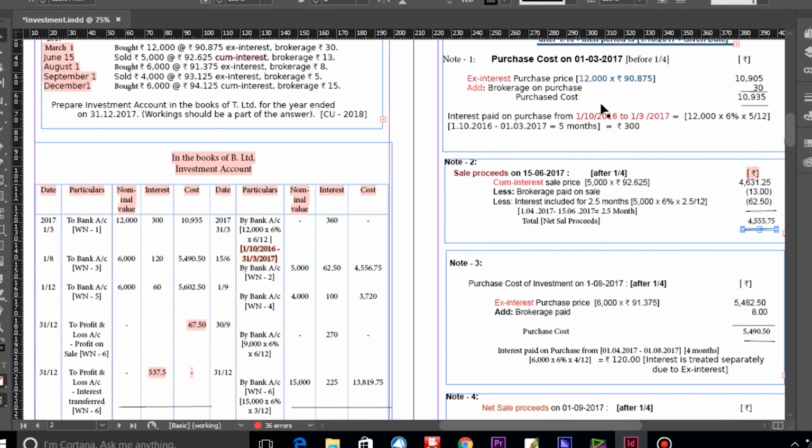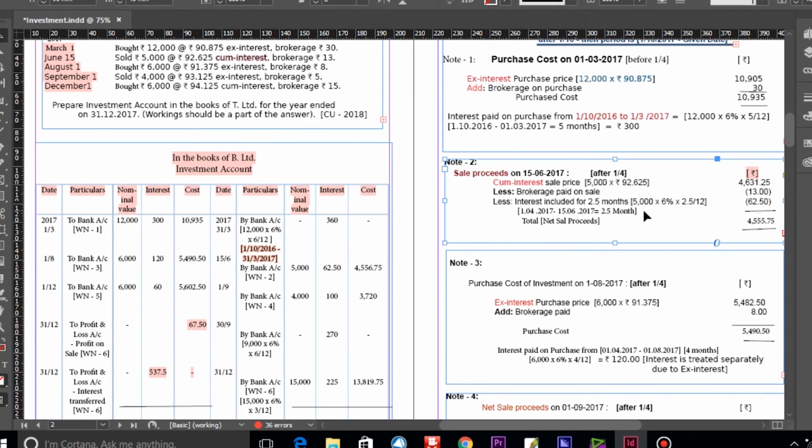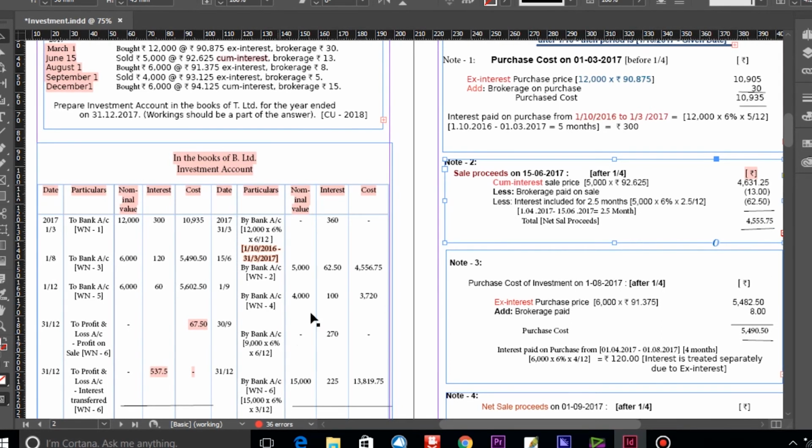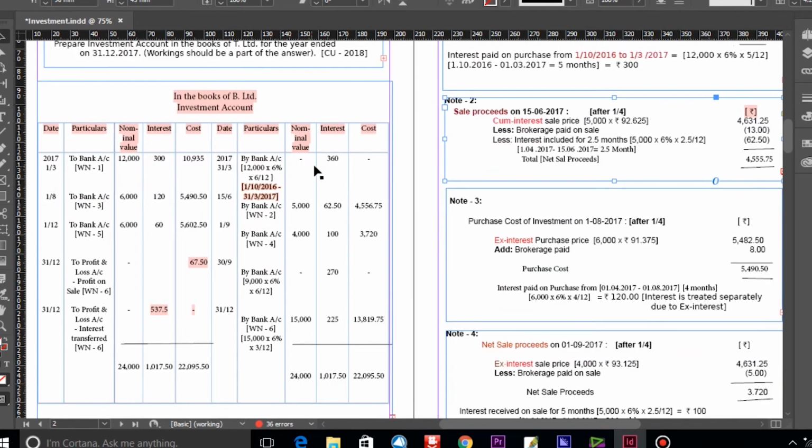Therefore, you have to deduct interest. Now we got the amount, and we have to write it on the credit side of the investment account, because the journal is bank account debit to investment account.